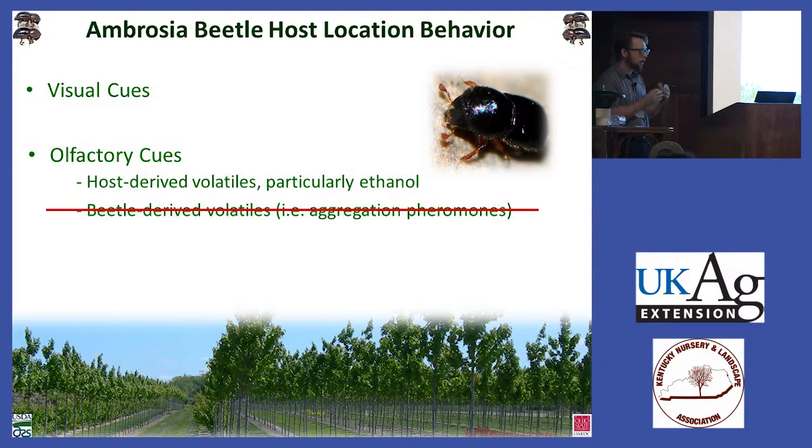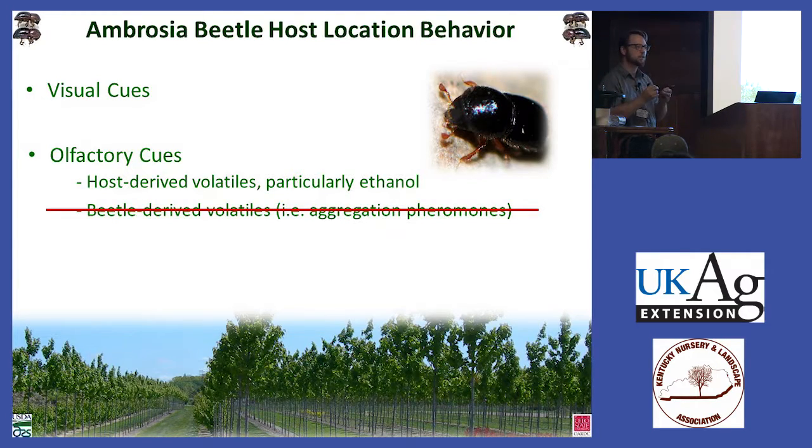The one is host-derived volatiles, so actually chemicals that the tree is emitting that the beetles use to say, okay, that's a tree I want to attack, particularly ethanol, which I'll discuss in a second, and also beetle-derived volatiles, which are aggregation pheromones.